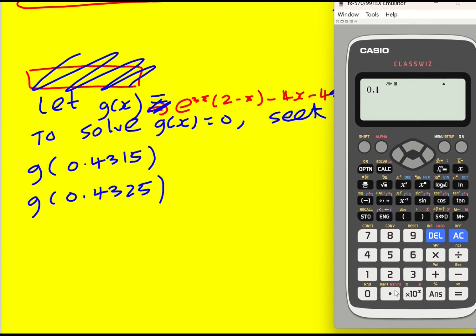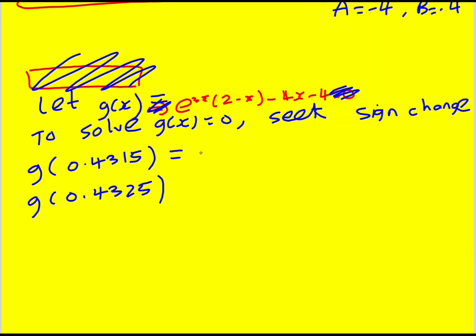So I'll type in 0.4315. Rather than having to type it in loads, I'll just do it once. And then again, use the answer button. But I'm not doing it repeatedly this time. It's just as a one-off. We get minus 2.27 times 10 to the minus 3, which is less than 0.